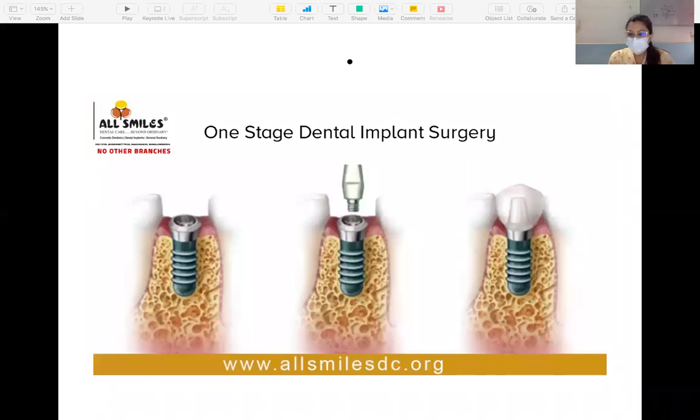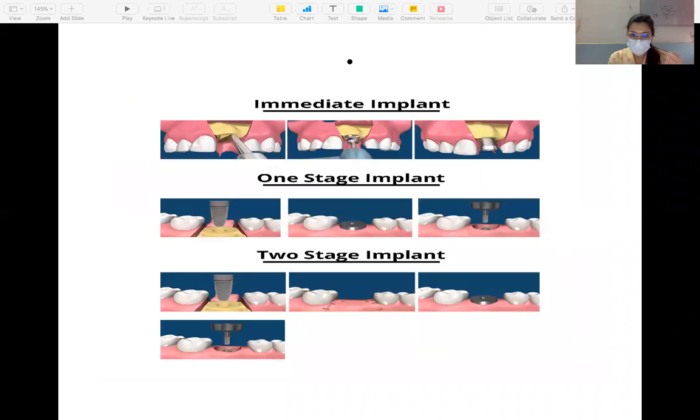There are, yes, one-stage implants present these days, but how successful one-stage implants are or not is a depth to be studied in depth. And then you can tell about the success of one-stage implants, also known as the immediate load implants.